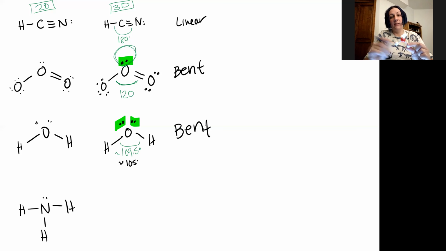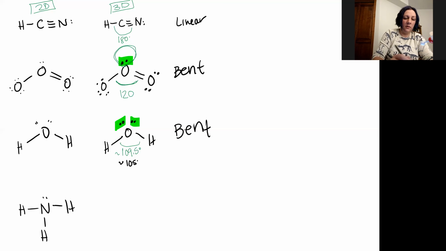In general, as you're applying this, rather than memorizing a lot of different bond angles for things that have 4 things around a central atom, I typically suggest that you just remember the 109.5 with the asterisk that if you have lone pairs, they're going to be pushed slightly closer together. If you really wanted to know exactly, you would grow a crystal of this, run an X-ray diffraction experiment, figure out exactly where every nucleus was, and then come up with the bond angle, which is not really something we're going to do in our class.